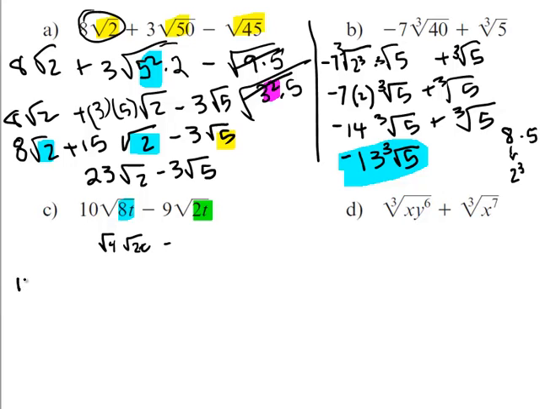So I'm going to rewrite the whole thing. Actually, I'm not going to rewrite it. I'm going to do one more thing before I do. What's the square root of 4? Oh, I gave it away. It's 2. So now I have 10 times 2 times the square root of 2t.